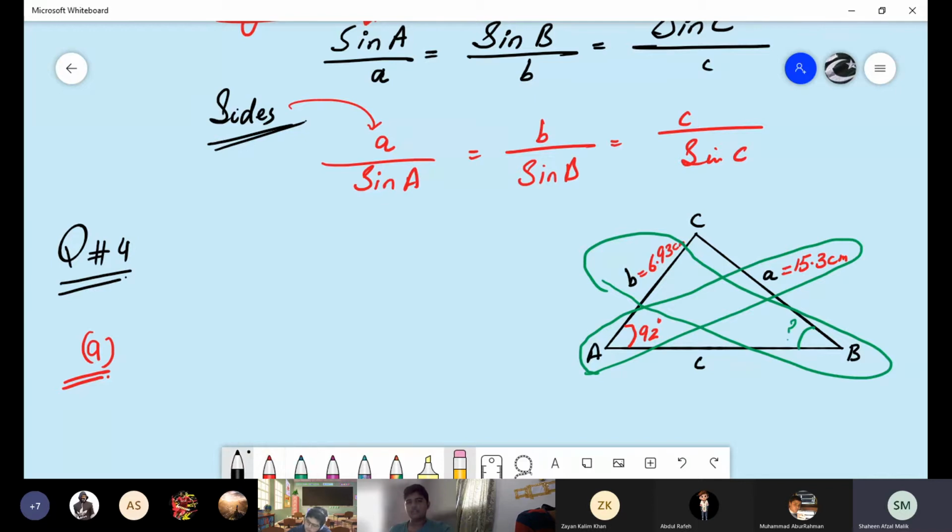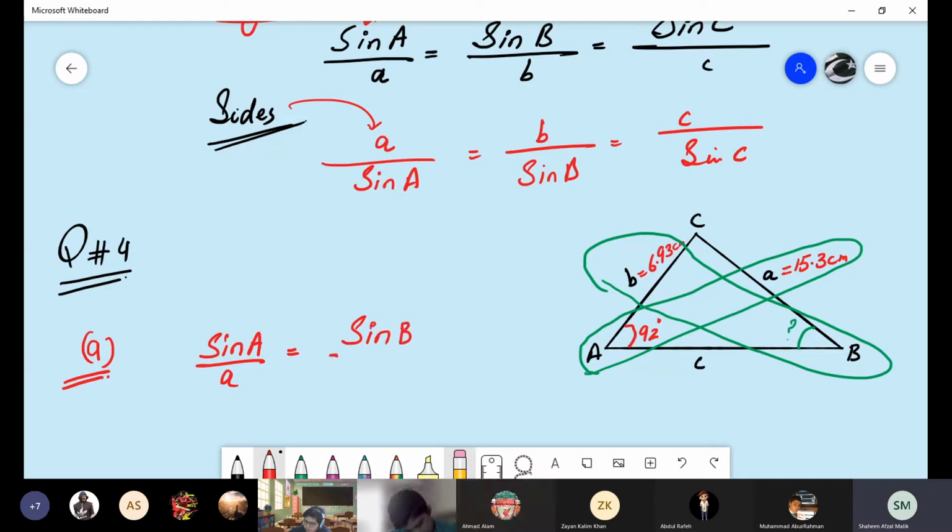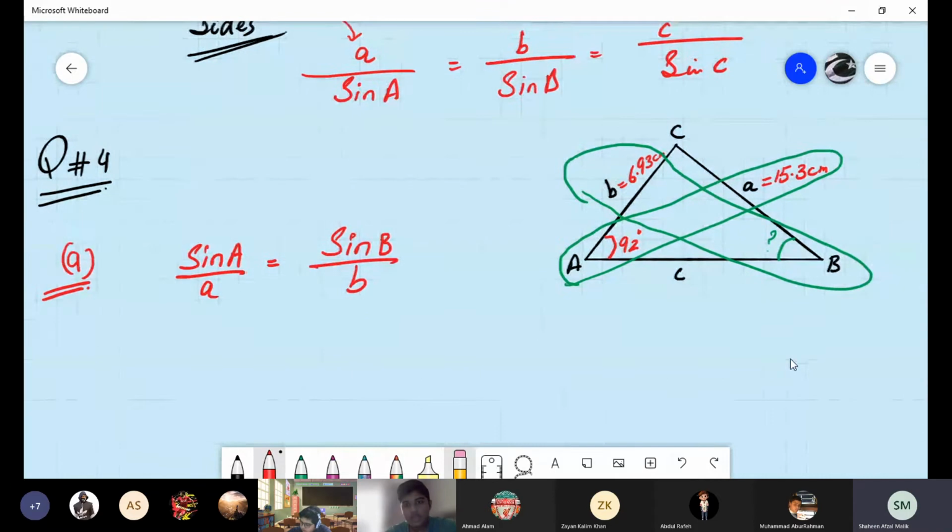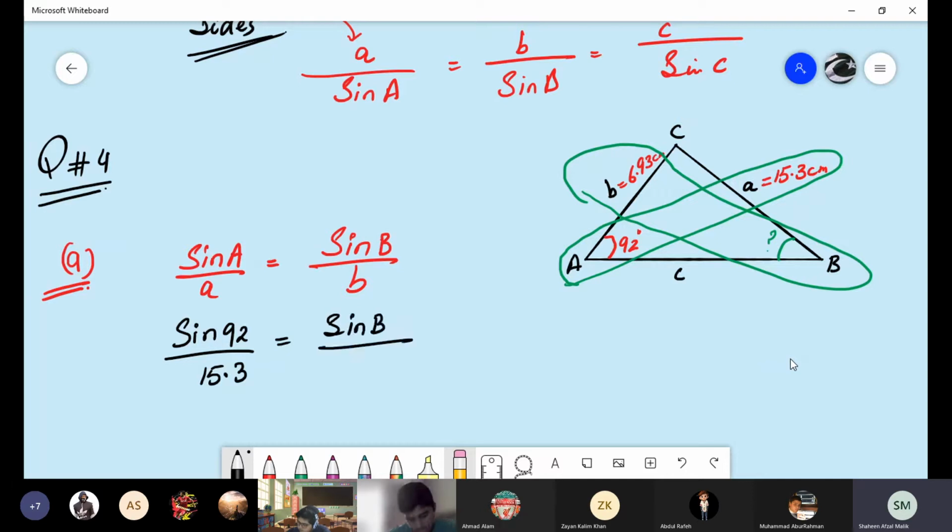So first of all, we will write sine A over a is equal to sine B over b. Substitute the values. Sine 92 divided by 15.3 is equal to sine B over 6.93.